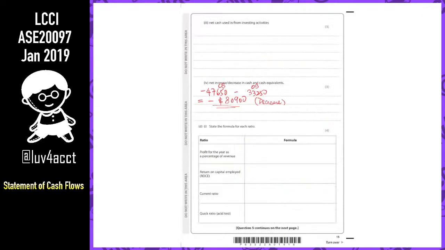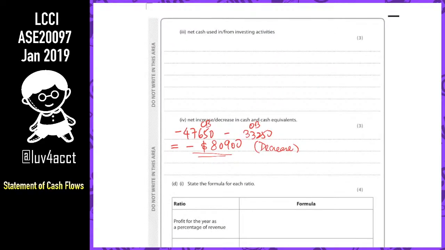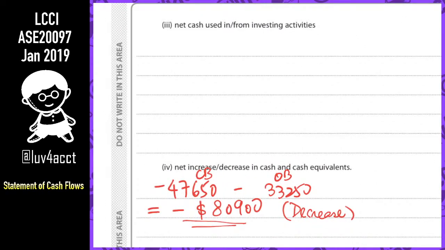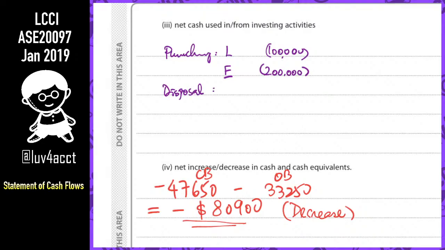Next part, we have to give the net cash used in and from investing activities. We have two. One is purchases of land and equipment. Land being 100,000, equipment being 200,000, and then we have disposal.